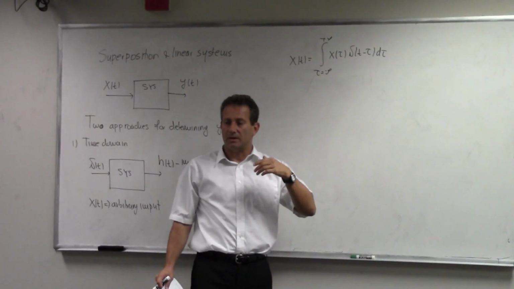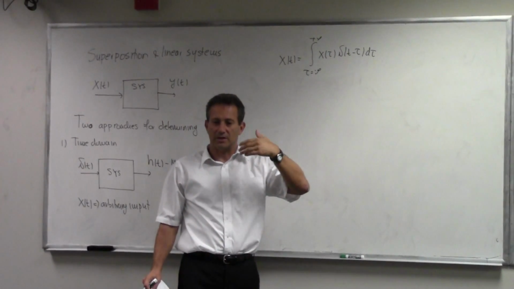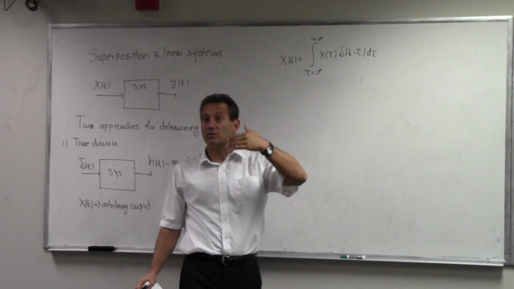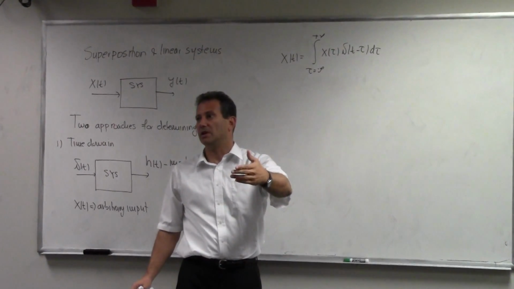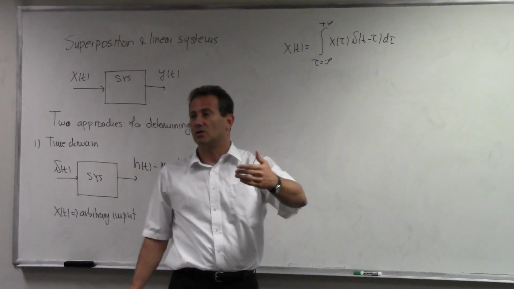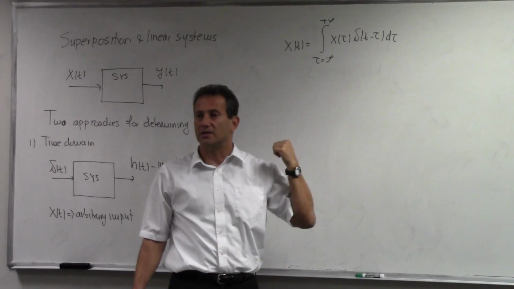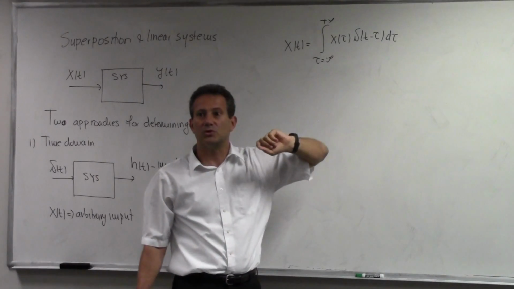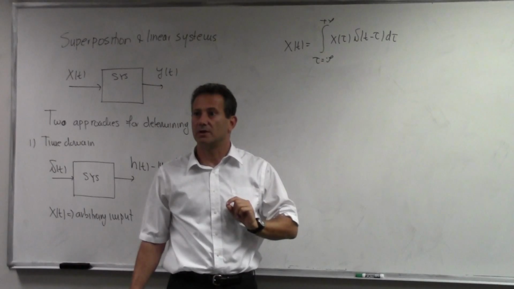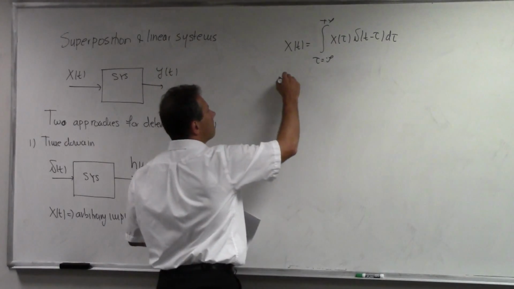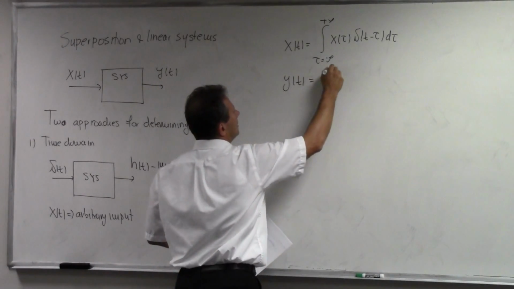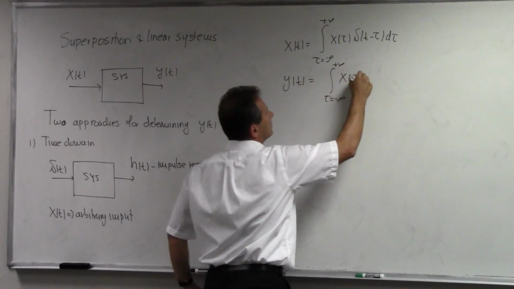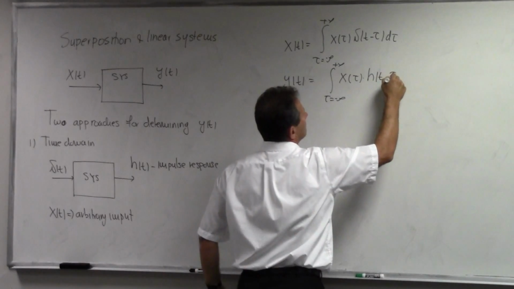If you now see a signal as a whole bunch of delta pulses, then the output is going to be a whole bunch of impulse responses coming one after the other. Because the system is linear and superposition holds, every one of these delta pulses will produce an appropriate impulse response. And then your output y of t is going to be the integral where tau goes from minus infinity to plus infinity, x of tau times h of t minus tau d tau.